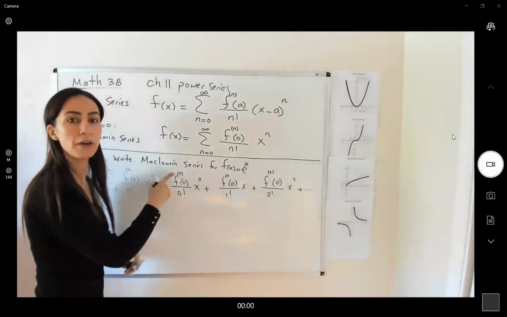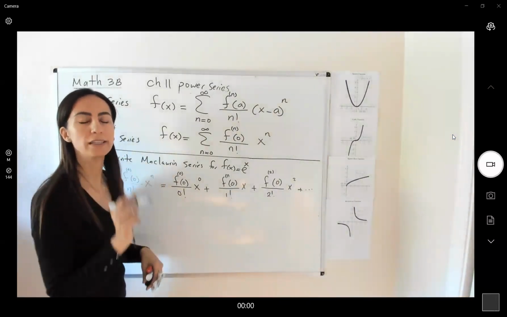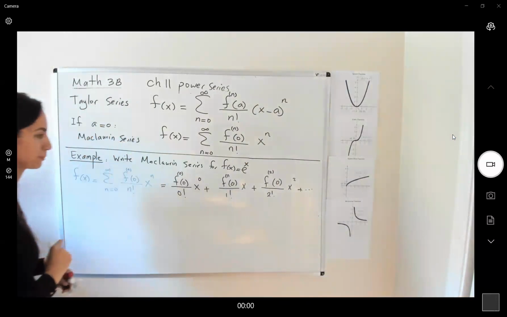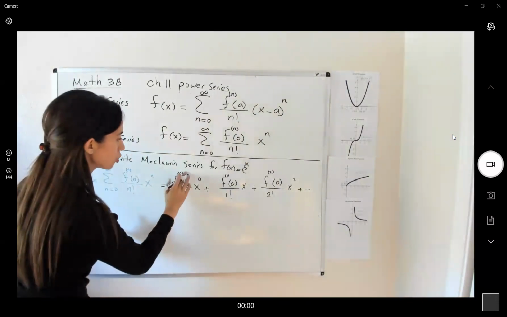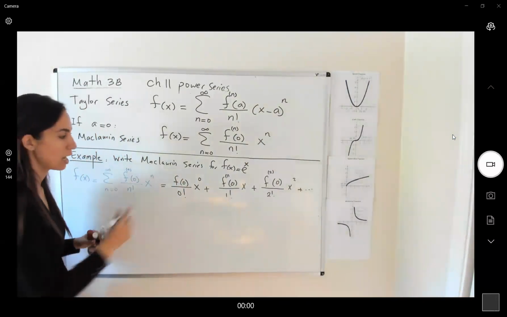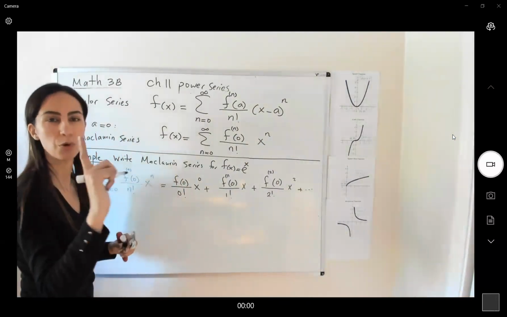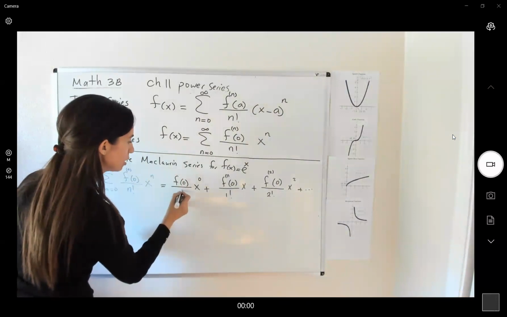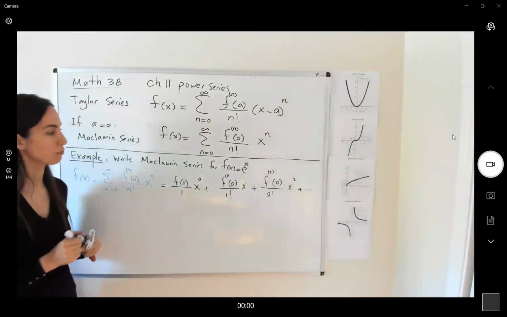The 0th derivative of the function is the function itself, so this is just the function evaluated at 0, as 0 factorial is equal to 1. By convention, 0 factorial is always 1.